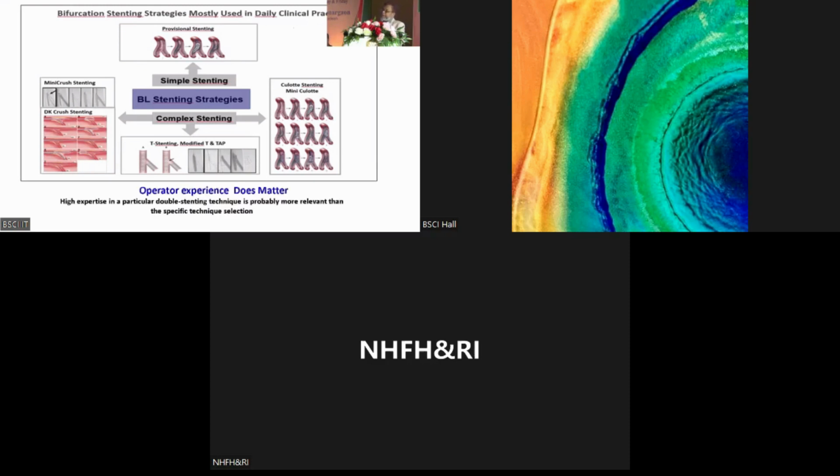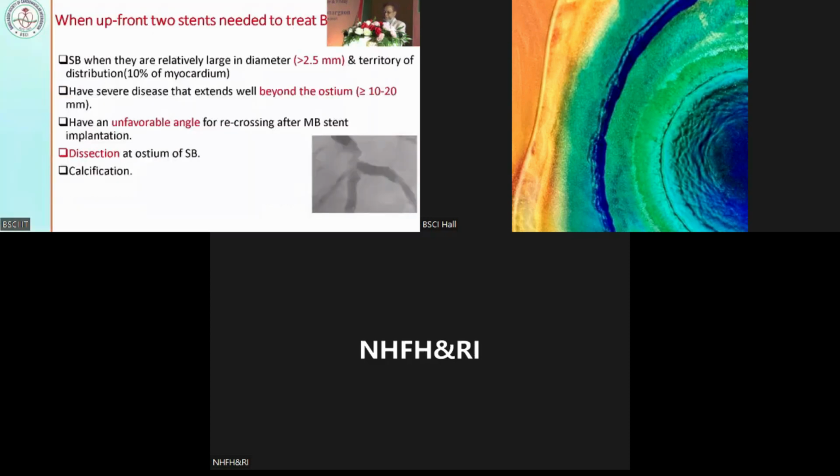Operator experience does matter. It is very important that the operator is confident with the system. Whatever the strategy, either DK crush, culotte, or DK mini culotte, it should be the operator's choice based on anatomical features and his expertise.